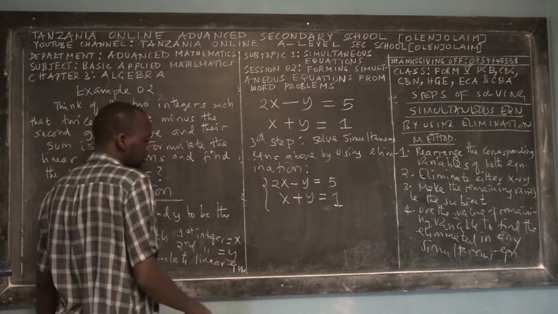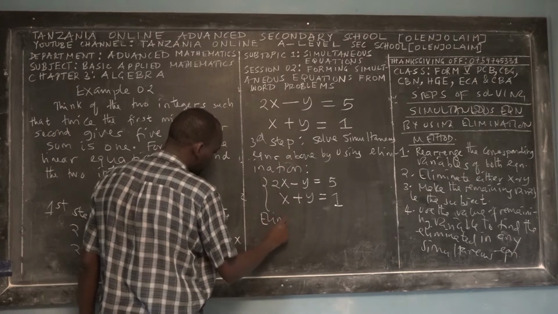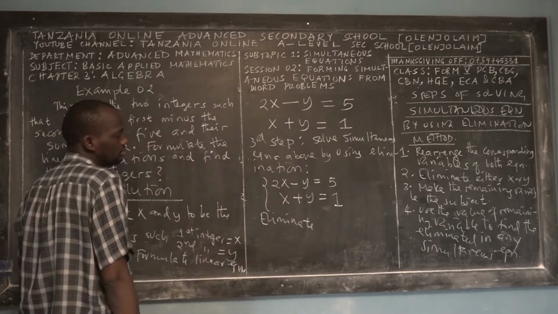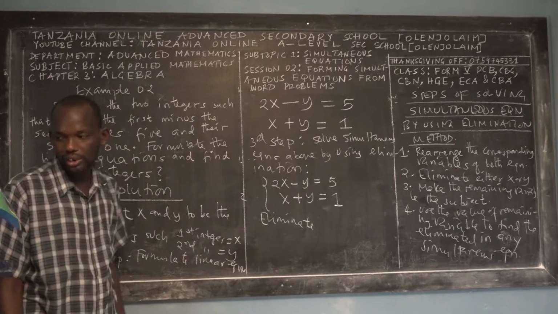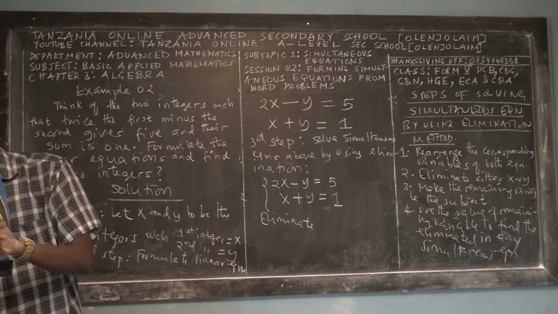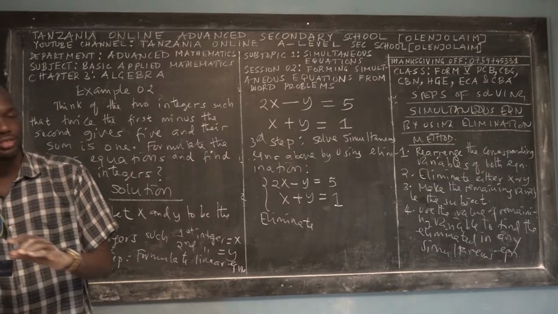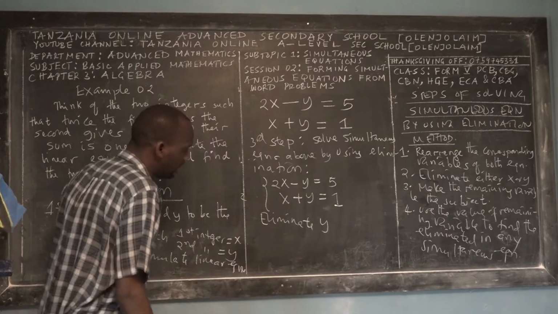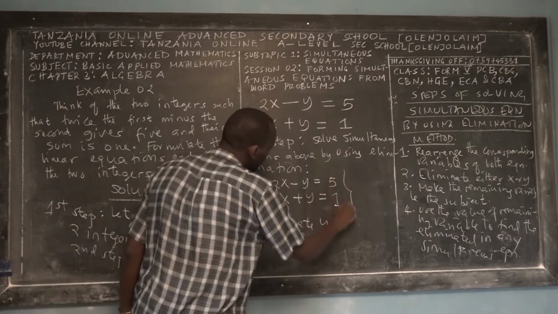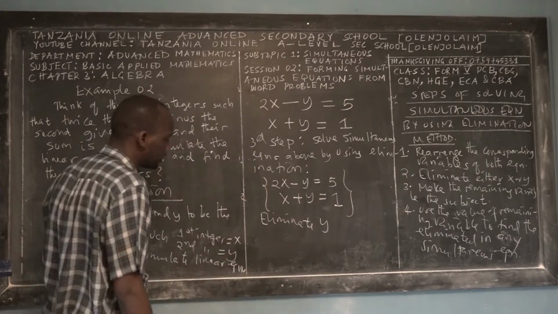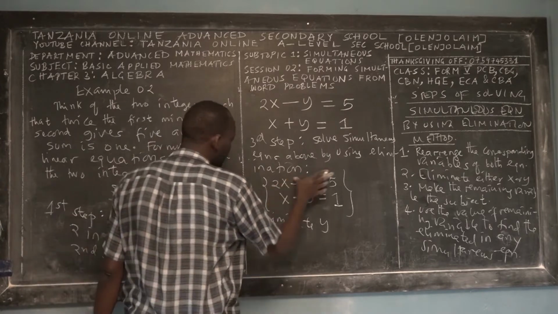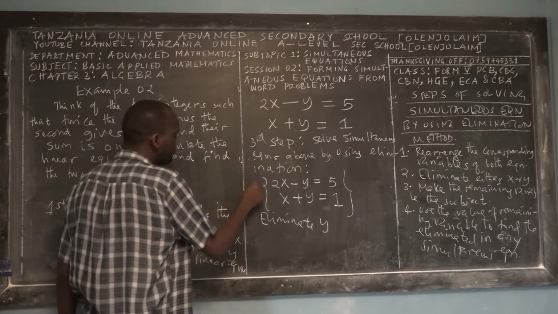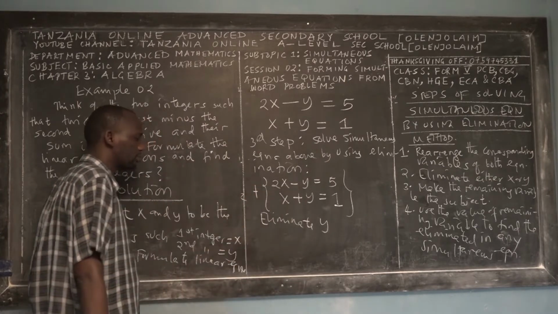So you have to make a decision. You can eliminate y, because y is common here. How can you eliminate it? Remember, these operations involve the left-hand side and the right-hand side of the equations. To eliminate y, we add equation 1 and equation 2.